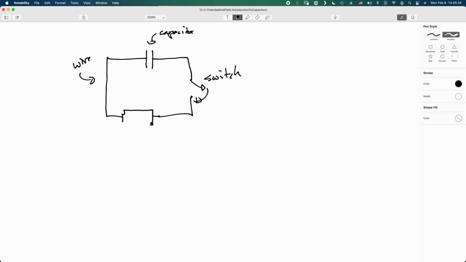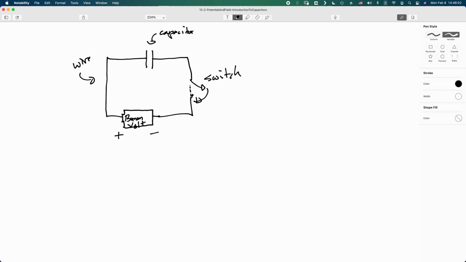For now, let's imagine that I've got like a D cell or something like that here. So this would be the positive terminal of the battery. That would be the negative terminal of the battery. All right. So the first thing that I want you to think about is what's going to happen when I close the switch.